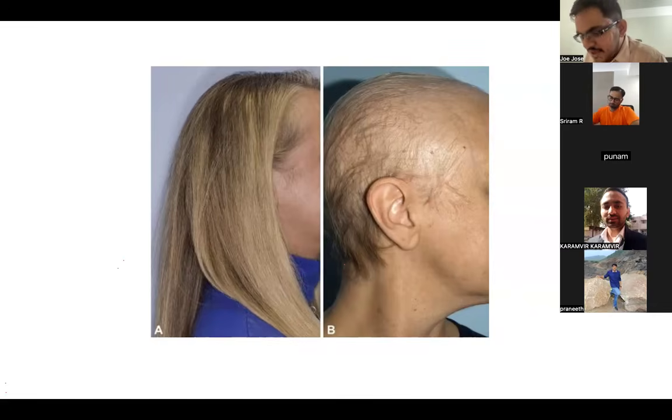What are the contraindications of using scalp cooling? Sir, if there is presence of skin disease like dermatitis. Okay. So I'll just finish that off for you. In children, it's not approved.